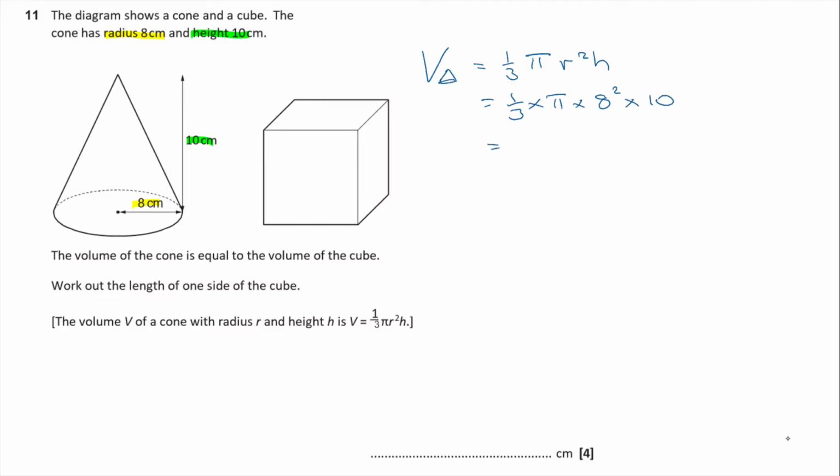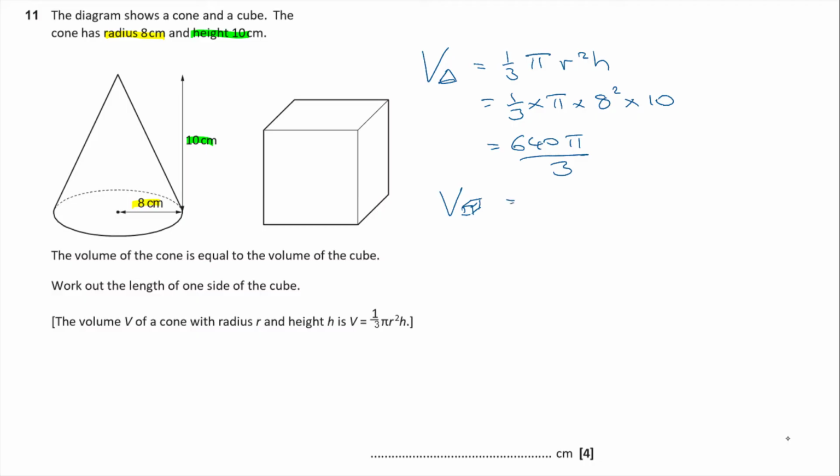Okay, so 8 squared is 64, times 10 is 640. That's going to be 640 pi over 3. Now I'm just going to leave it like that for now because it's an exact form. I could type it into the calculator and get a decimal, but I'd be rounding it off and I'm not quite done yet. So it's better to retain accuracy and leave it in an exact form.